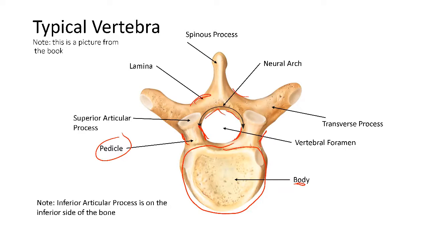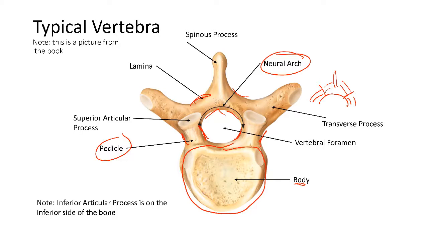And in class, I did this drawing of the pedicle, and then I did lamina, the spinous process, lamina, pedicle, and I said that whole thing was the neural arch. So that is what the neural arch is, the pedicle to lamina and lamina pedicle.